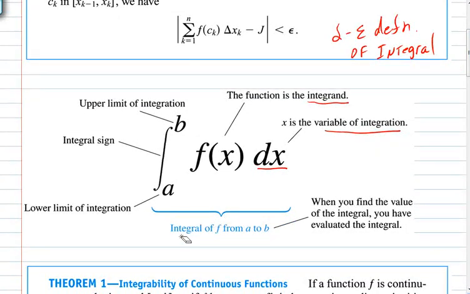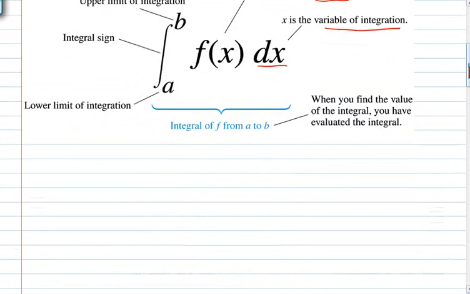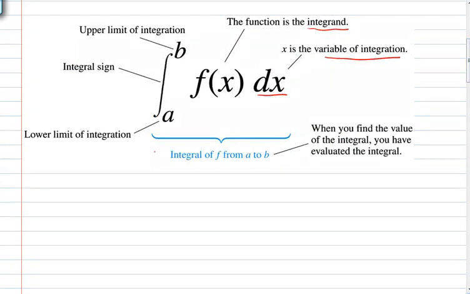And this is said to be the integral from a to b. When you find this value right here, you've evaluated the integral. And it's going to be the area under the curve of f. You know, let me write that down because I don't think that that's painfully clear in this section. This gives you the area under the curve of f. So let's say that we had a function, and I'm going to, just for easy's sake, make it positive. Let's say that we have a function that looks like this.